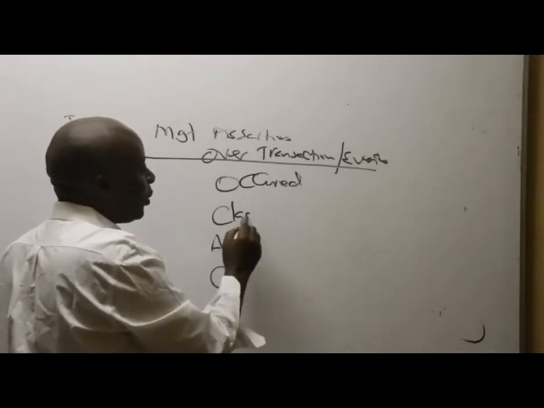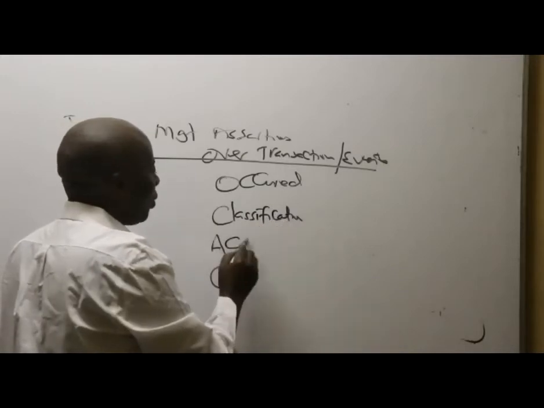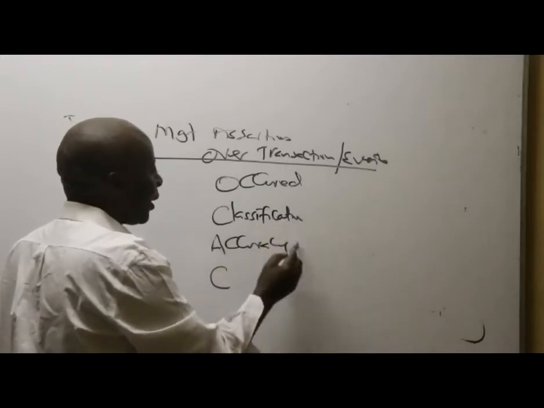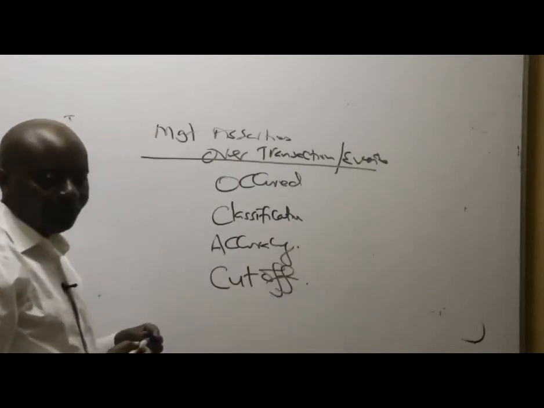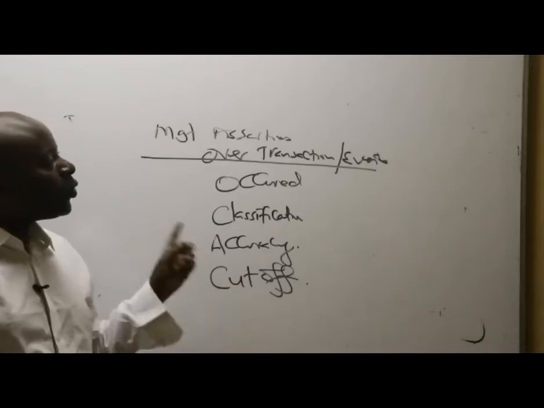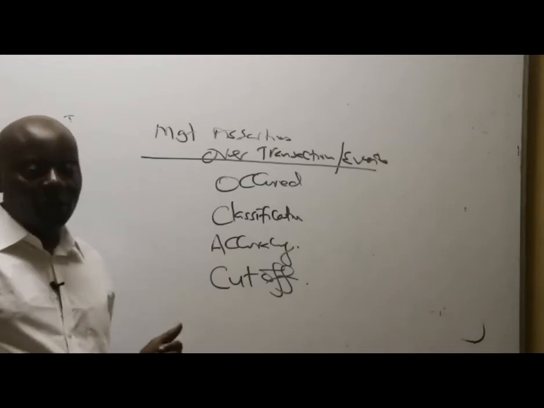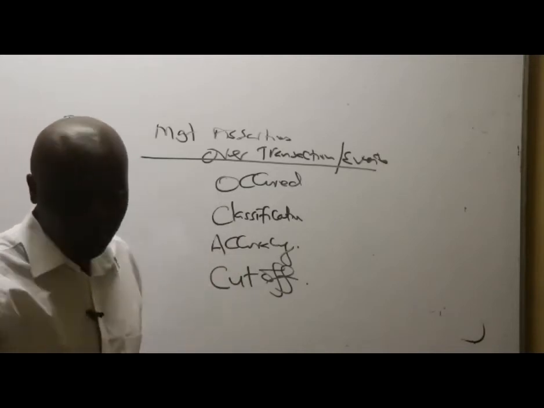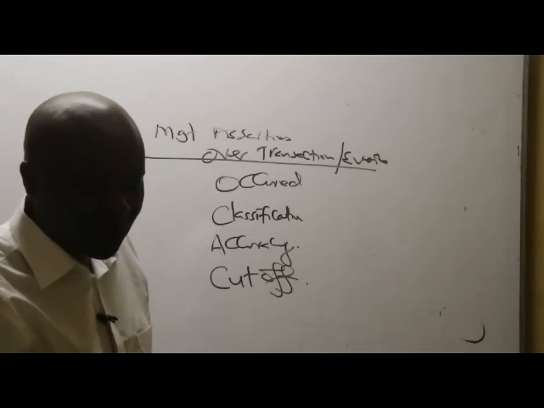Then, of course, we have the assertion of classification. We have the assertion of accuracy. Then we have the assertion of cutoff. OCAC is very important.